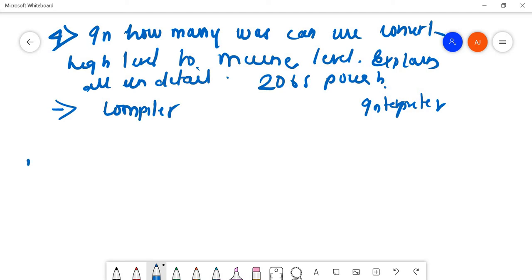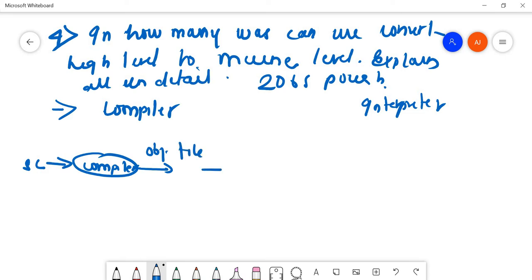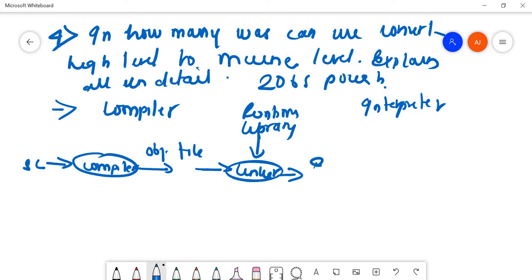In a compiler, what happens? We have a source code. We give it to the compiler, and we get the object file. Again we pass the object file to the linker. There is also the runtime library, and the output of the linker is the executable program.